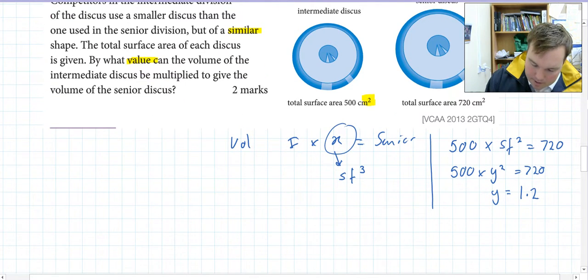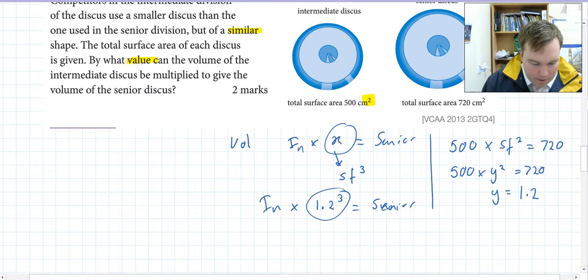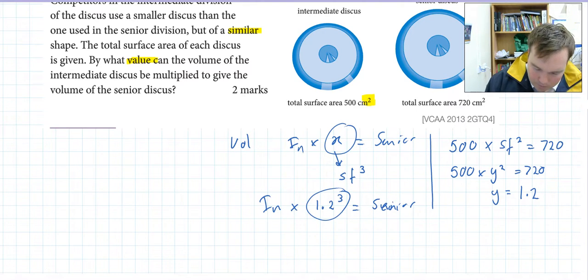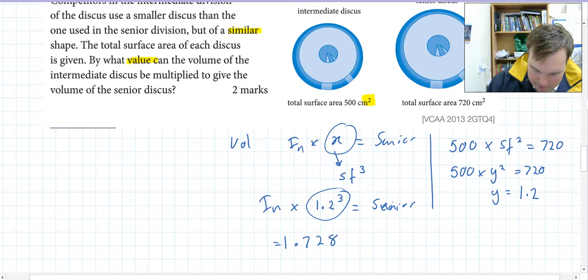So that means that when we're looking at volume, the intermediate discus is multiplied by 1.2 cubed to give the senior discus. So we just do the answer cubed, and we have 1.728.